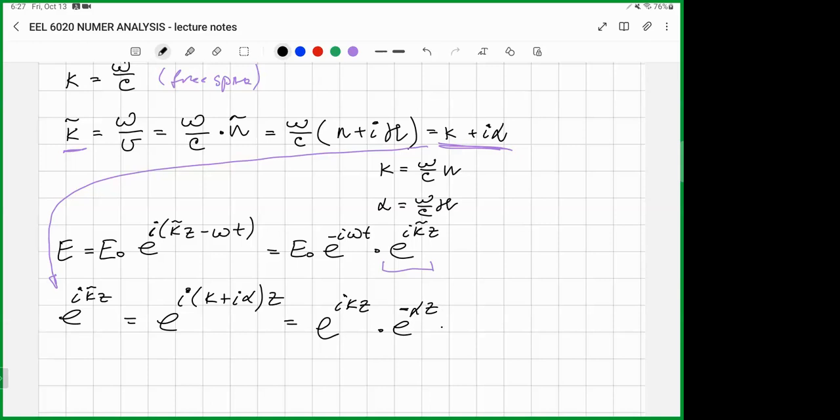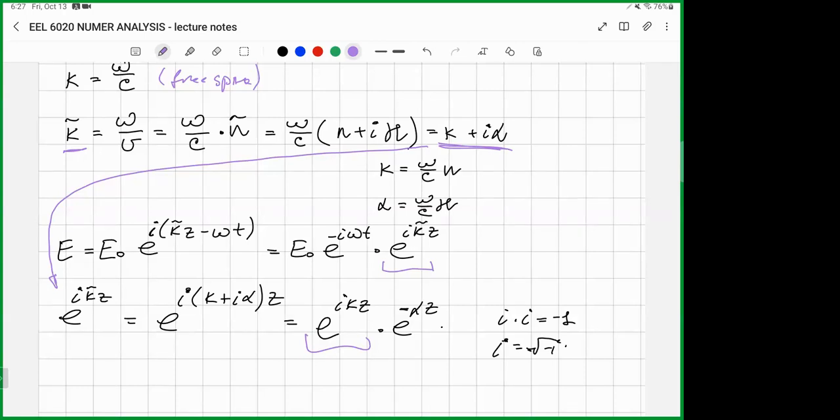Because i times i is equal to minus 1, because i is equal to the square root of minus 1. So this first term describes the variation of the field in space.